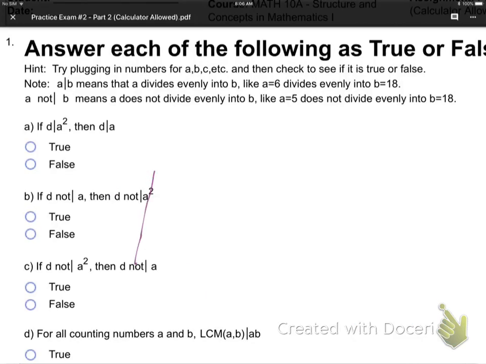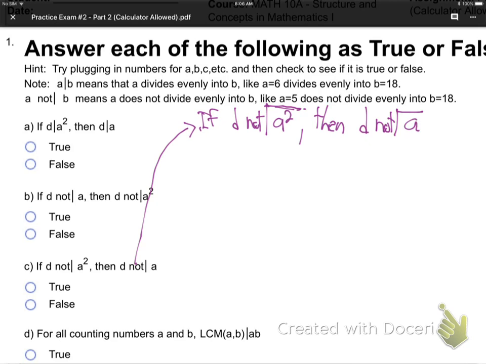All right, number 3, part C. Bring it up here. If D does not go into A squared, then D does not go into A. All right, if D does not go into A squared, then it won't go into A. Let's pick some numbers.